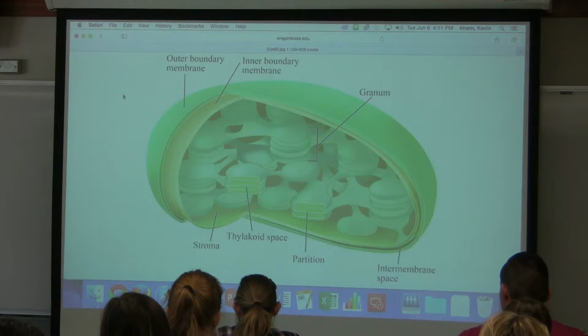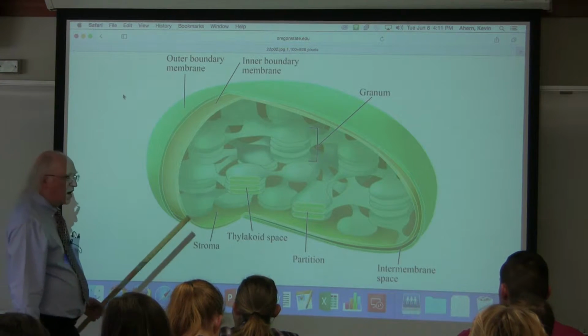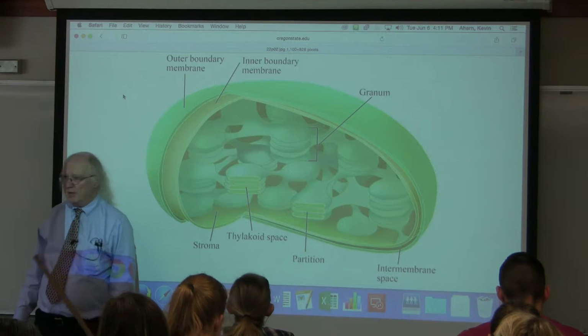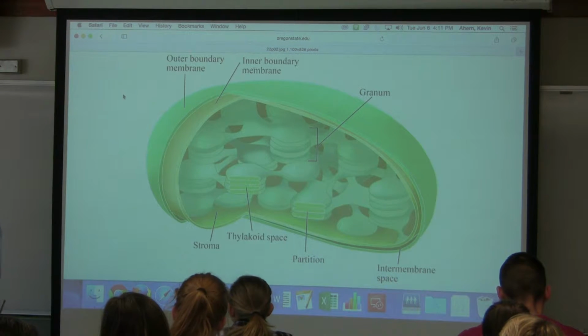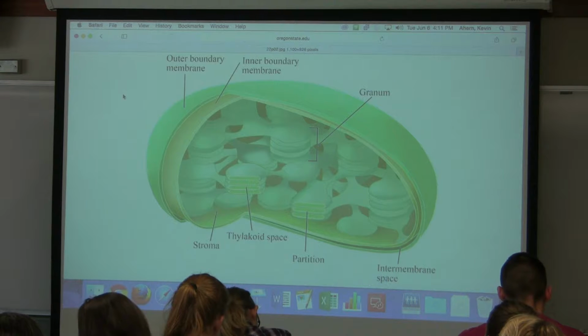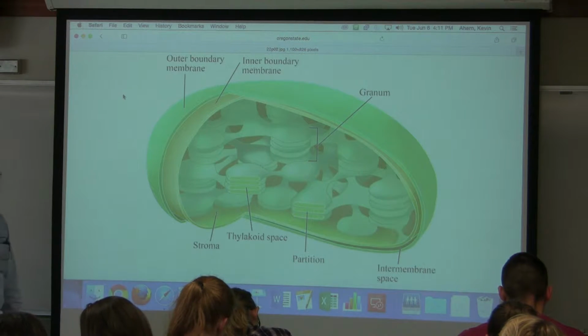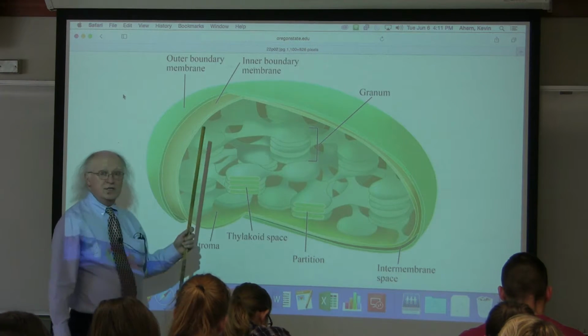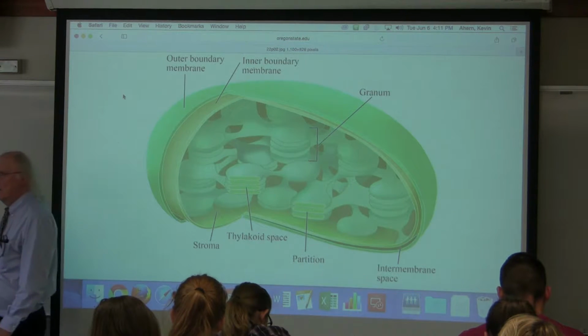When we talk about the chloroplast, we're going to focus on a couple of things within it. The chloroplast is actually a little bit more complicated than the mitochondrion is in our cells. By the way, plants have both mitochondria and chloroplasts. It's not an either-or. But the chloroplast, you can see, has some complexity to it.